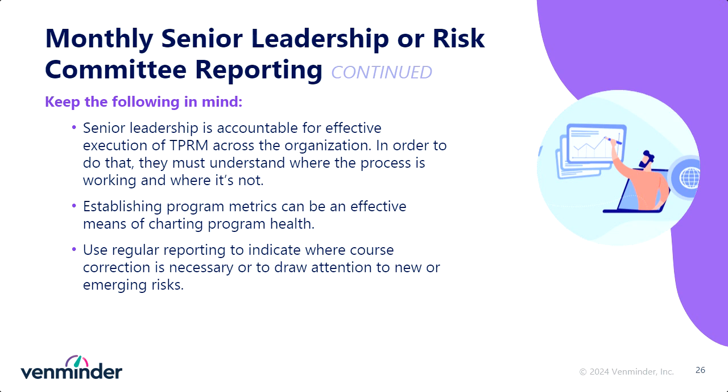So when you report to them, you want to give them some sort of consistent metrics, making sure you understand your program health. And you'll want to use this regular reporting to indicate where you need some sort of course correction or where you may suggest some improvements to the organization's third-party risk management program based upon new or emerging risks that are out there in the market.